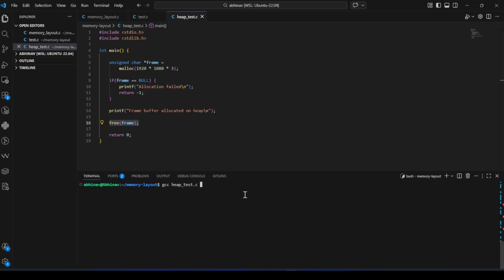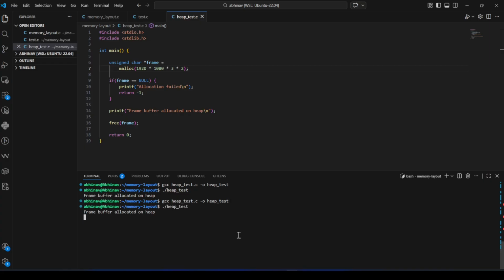So let's test this example. gcc heap.test, compile it and then run it. So yeah, it says frame buffer allocation on heap is successful, and even if we increase the size to 2 frames, compile it and run it, the heap allocation still succeeds on the system because it's dynamic, and hopefully the heap doesn't run out.